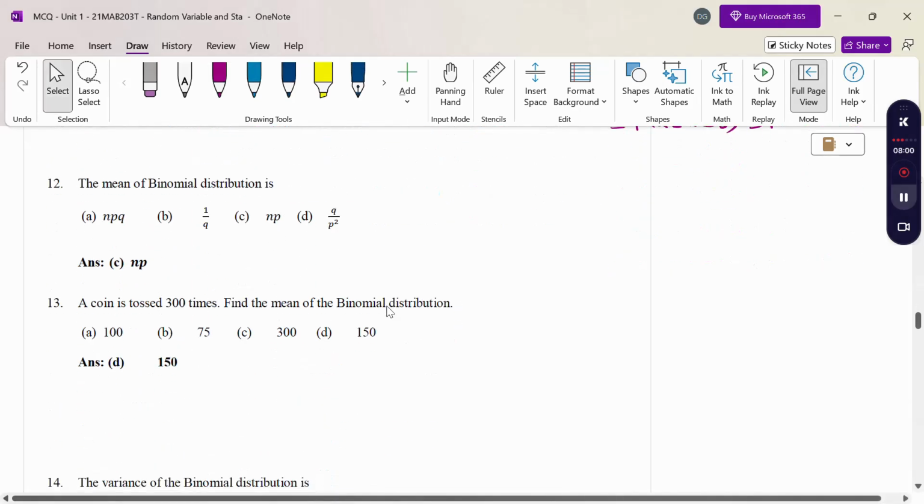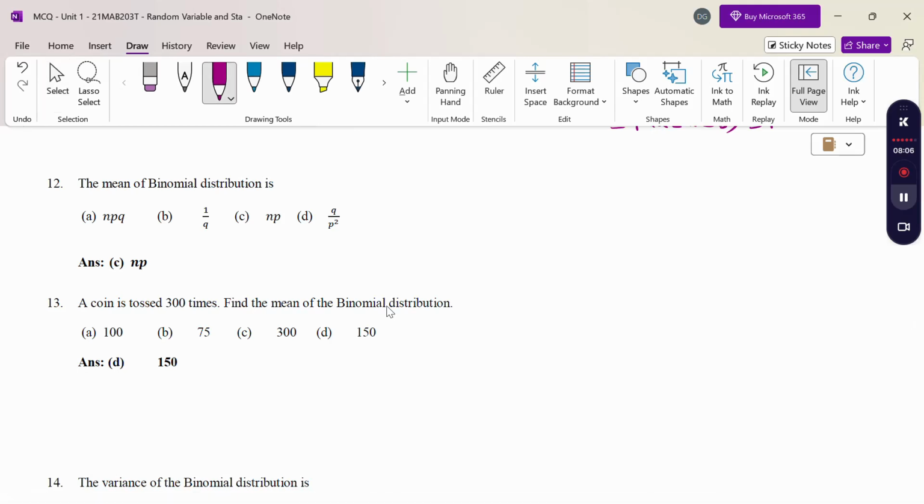Then distributions. So far we have discussed random variable type of problems. Now the binomial distribution. The mean of the binomial distribution is E(X) = np. A coin is tossed 300 times, find the mean of the binomial distribution.